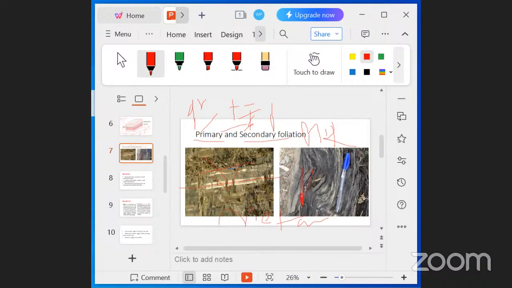We will discuss various types of intrusions based on their geometry later.